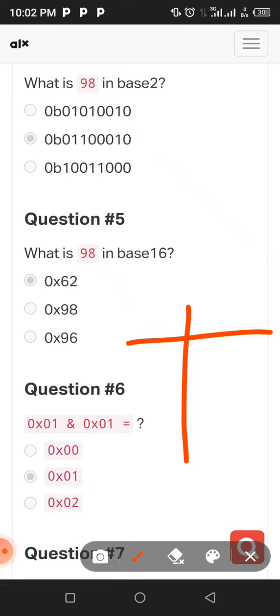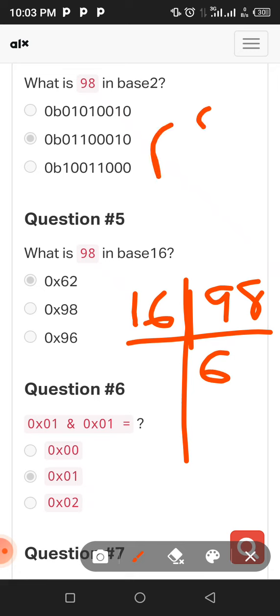So we have 98 there. Then we have the base we're going to be breaking down with. 16 goes into 98 six times, remainder 2.